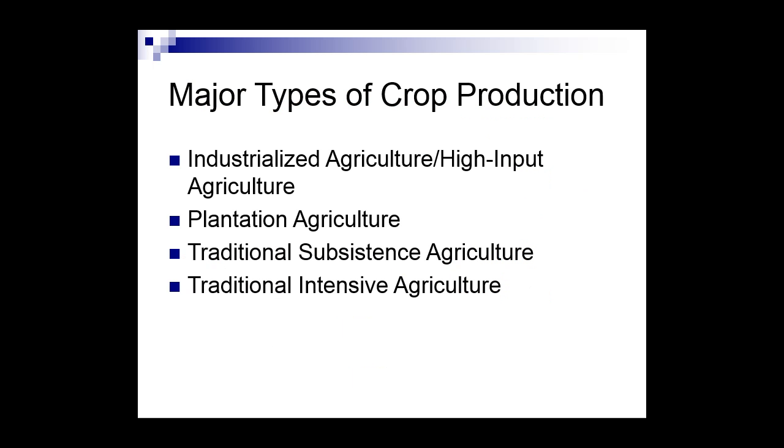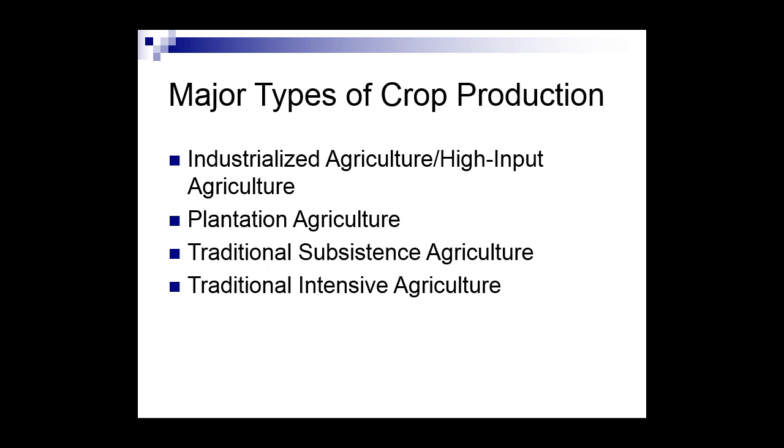Okay, so if those are our food sources, what are the main ways that we get them? So the major types of crop production here. So remember, crops make up 75% of what we eat. All right. Major types of crop production: industrialized agriculture or high input agriculture. I'm going to talk a lot about inputs.